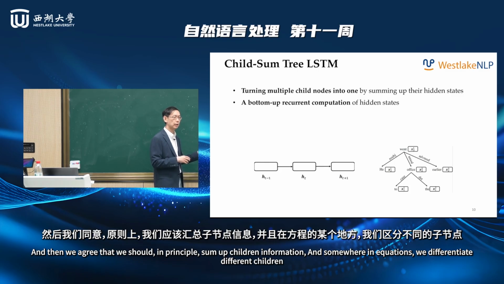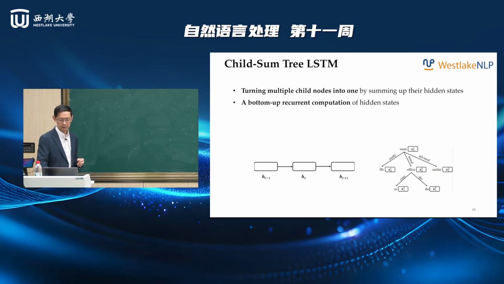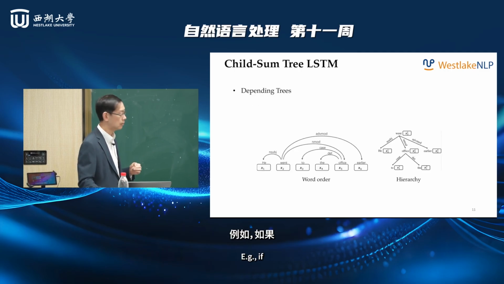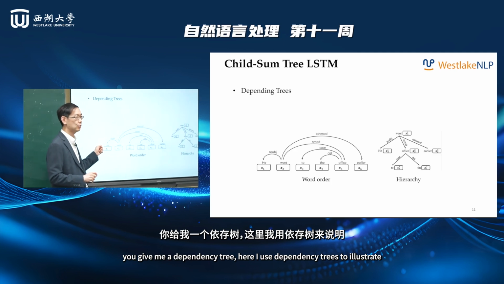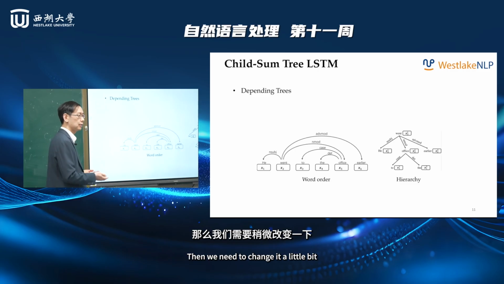And somewhere in the equations, we differentiate different children. But then for arbitrary trees, we have to first decide the order in the bottom-up direction. For example, if you give me a dependency tree, here I use dependency trees to illustrate, then we need to change it a little bit.